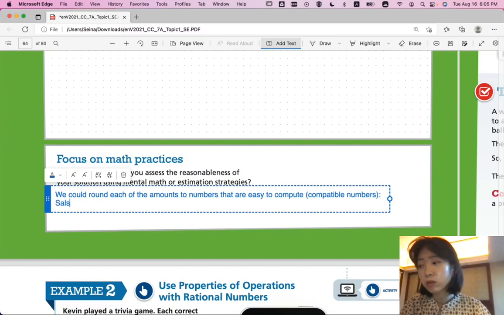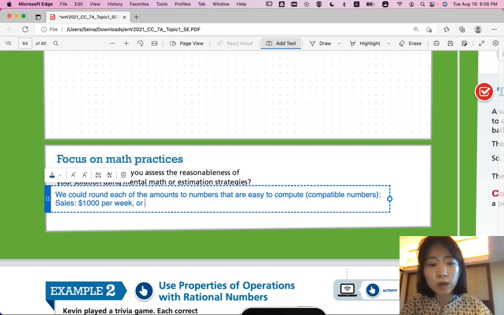So sales would be 1,000 per week or 4,000 per month.